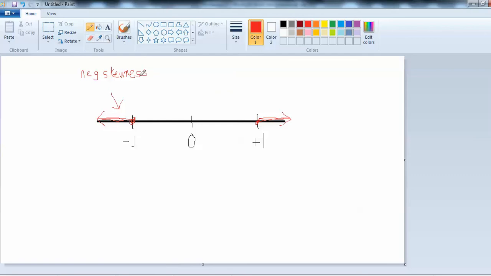This is where you get a positive skewness. And in between is where you have roughly no skewness.